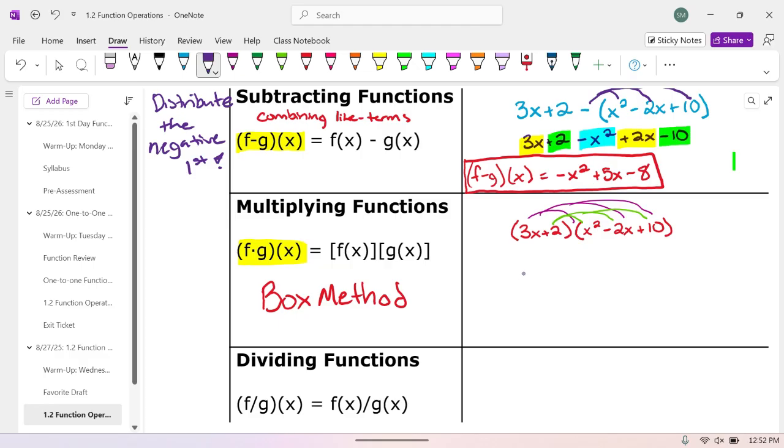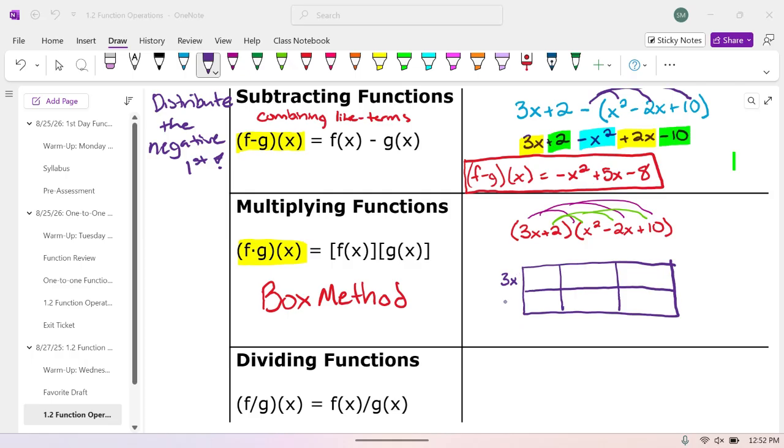So how you set up your box, you look at the number of terms. I'm going to make a box that has 2 rows because I have one function with 2 terms. And then my second function has 3 terms, so I'm going to make 3 columns. So my box is going to look like that. And then outside, I'm going to write each term outside of a row or column.